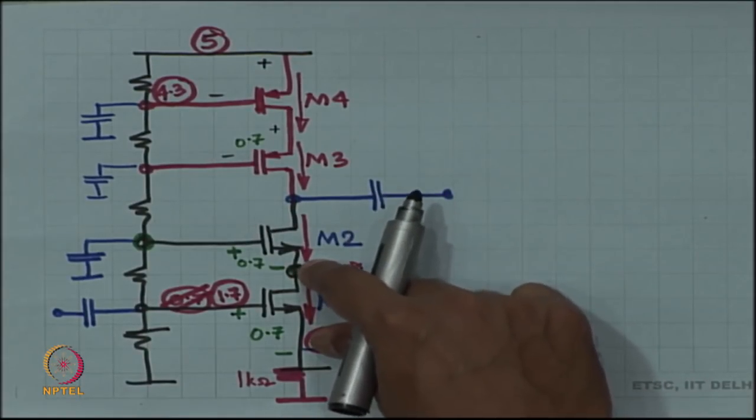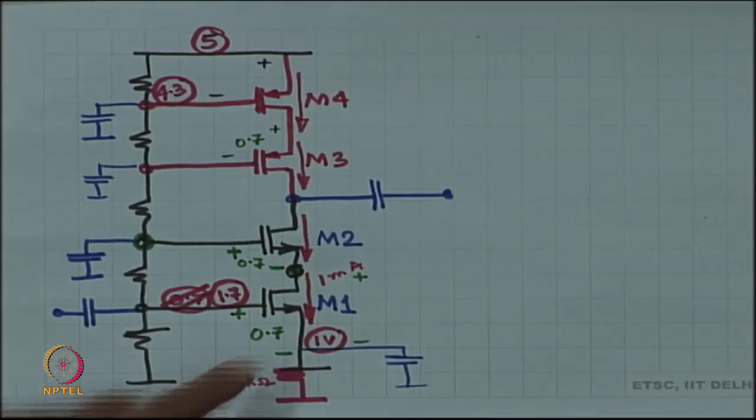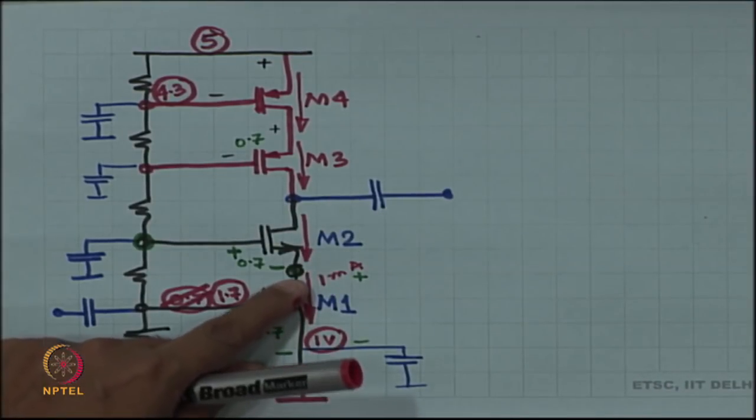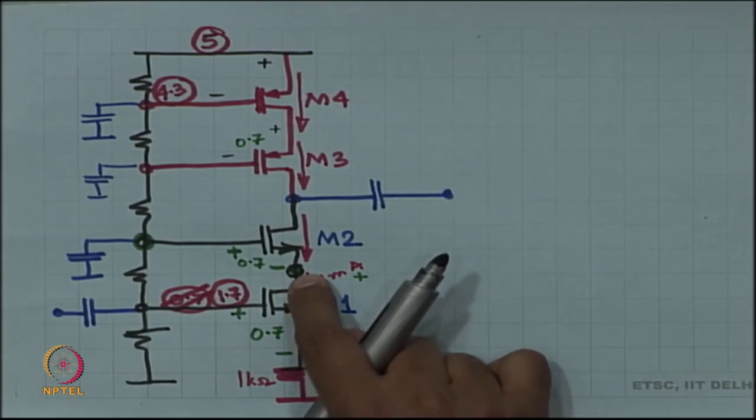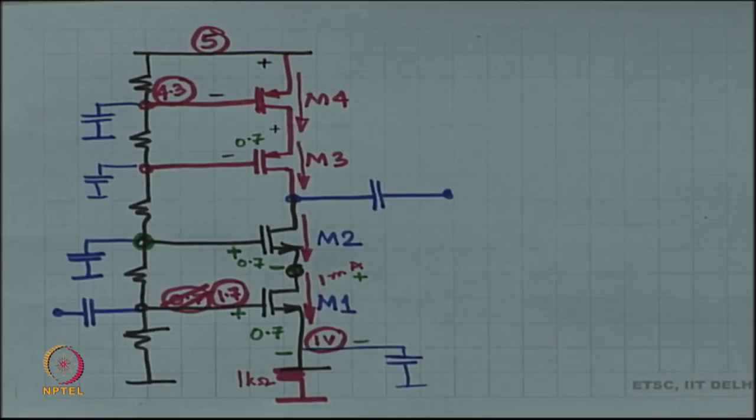So, VDS has to be more than 0.2. That means the source of M2 should be at a voltage more than 1.2. But that is all that we are saying. Any voltage more than 1.2 is good enough. It could be 1.2, it could be 1.3, 1.4, whatever you want. Is that okay?